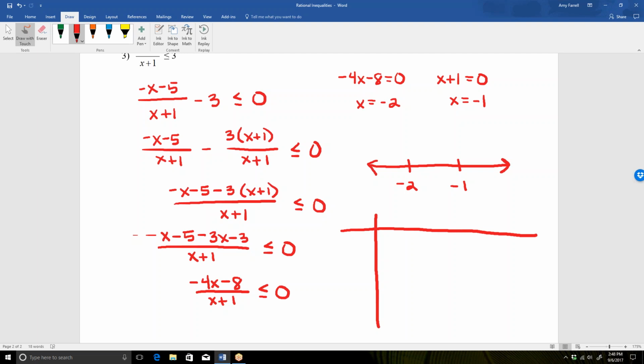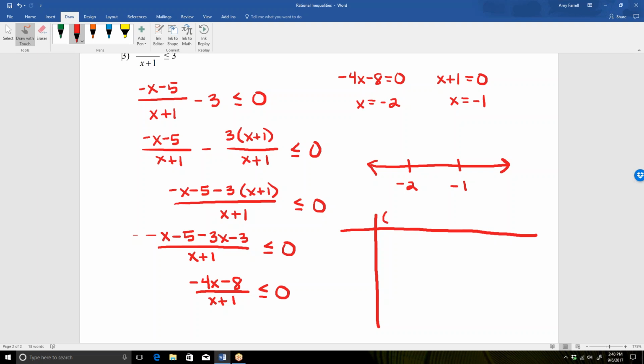So typically we use brackets for the interval notation when we have a less than or equal to. But I can't use a bracket by the negative 1. This is because I can't divide by 0. Division by 0 is undefined.